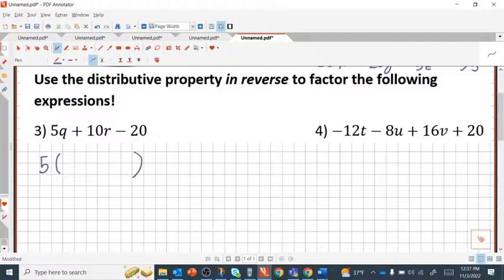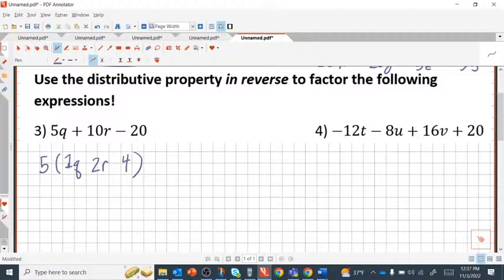So 5 times what would give me my 5q, Olivia? 1q. And then 5 times what would give me my 10r? And then 5 times what would give me that 20? 4.